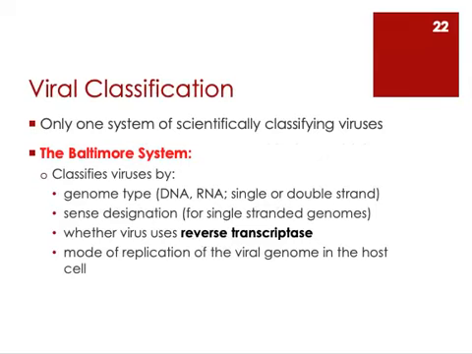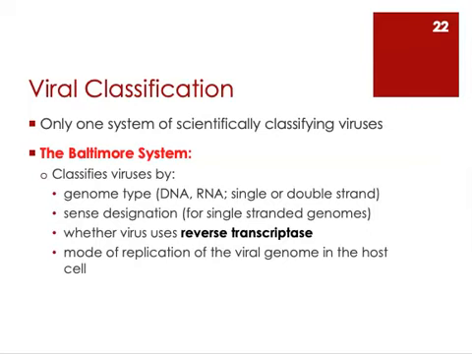Now, there's another kind of classification system that I want us to be familiar with, and this one does get applied universally across all different types of viruses. This is not a naming system. This is a classification system. So this doesn't change what a virus gets named, but this is how we take a virus and classify it.